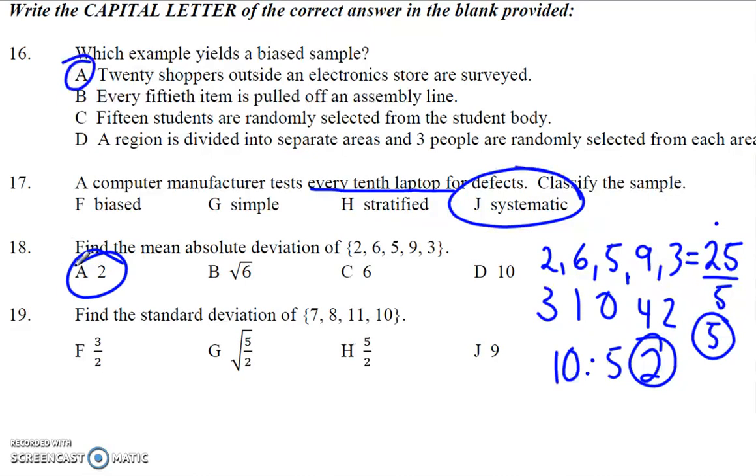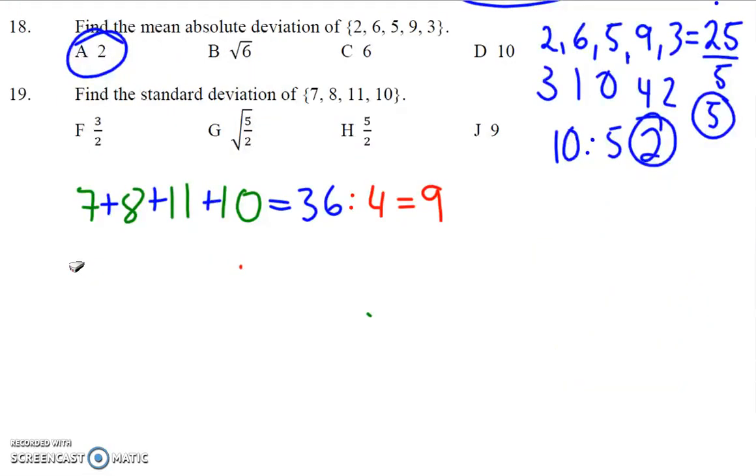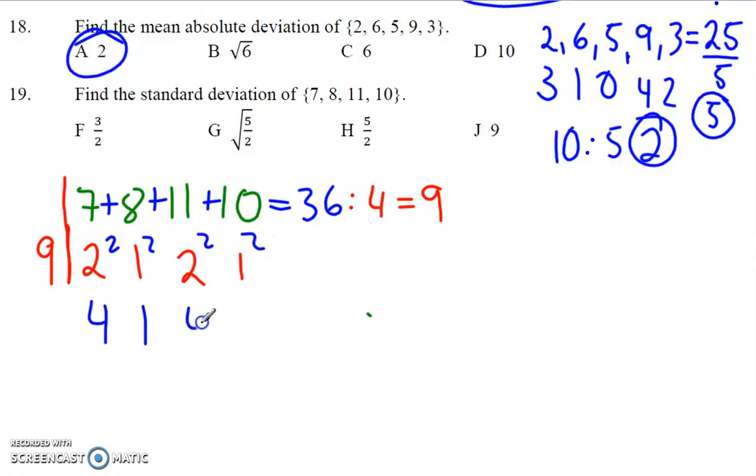19, standard deviation. All right, add up the numbers, and you get 36. Divided by 4 gives us a mean of 9. And then we find the difference to 9. So that's 2, 1, 2, and 1. Remember, we have to square these for standard deviation. So 4, 1, 4, 1. Add those up.